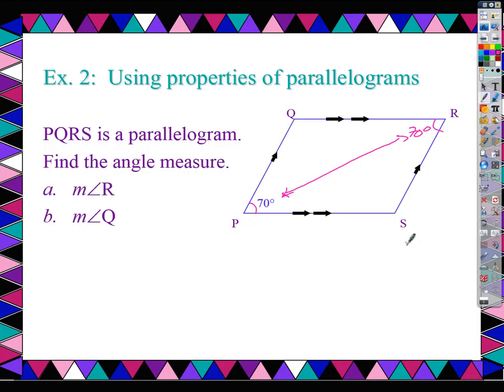Okay, so what's it gonna be then? Okay, 110. Because remember what supplementary means. Supplementary means the measures have to add to 180, right? So we know then that if these two have to add to 180, there's gotta be 110 degrees left over, right? Does that make sense? Yes. Okay, good.